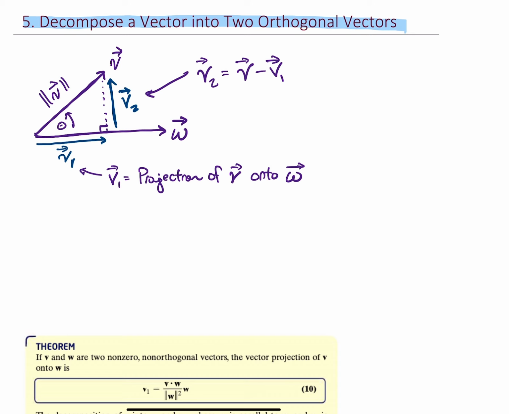So we want to be able to describe this vector v1, which we could see as just a scaled version of vector w. If we scale it down to just this horizontal component here, we want to scale down the magnitude, we would get our vector v1.